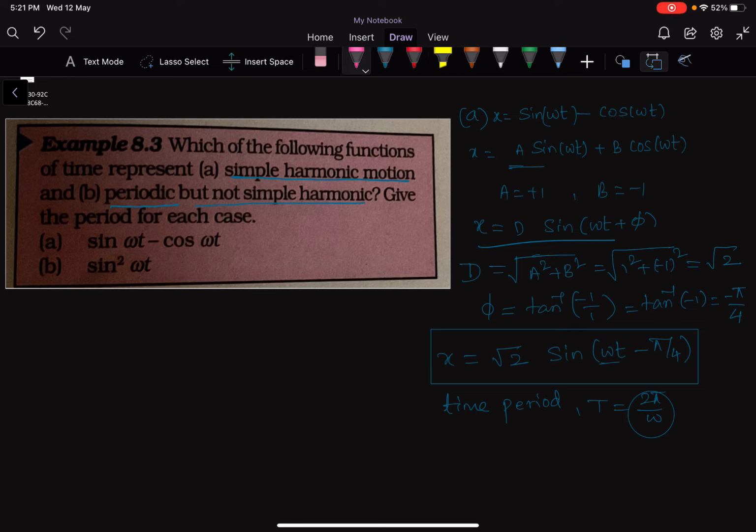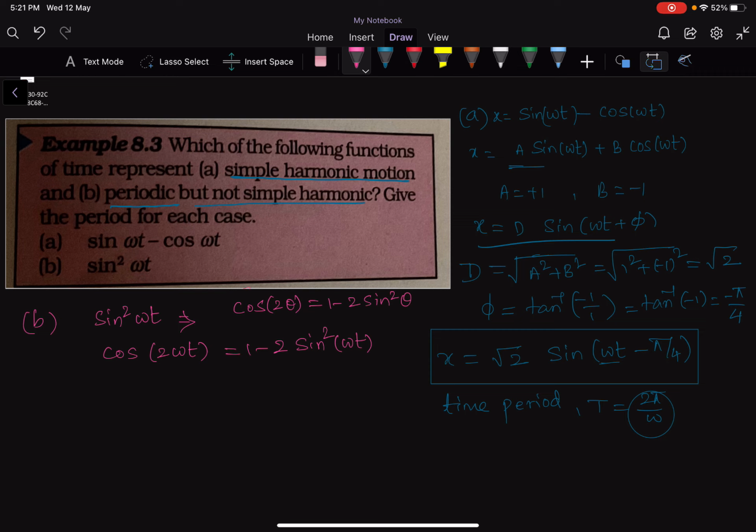Now part B. Part B is sin square omega t. Check whether this is simple harmonic motion or not. We know cos 2 omega t is equal to 1 minus 2 sin square omega t. We know that cos 2 theta is 1 minus 2 sin square theta.